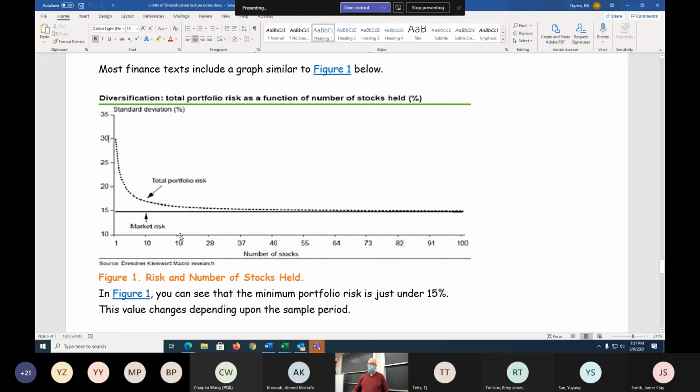And I asked the question, why? Well, you have market risk here. But why can't we get below this line? Well, if you took a portfolio course, you would see that the only way to drive this down to zero is to have a negative correlation between stocks, meaning this stock goes up, this one goes down. You can't find that.